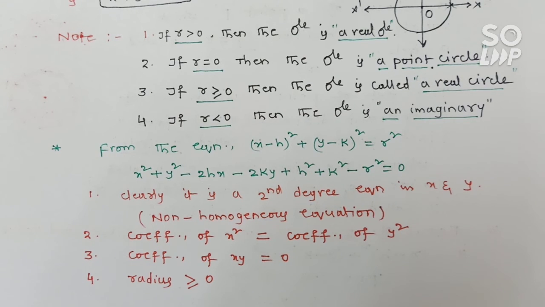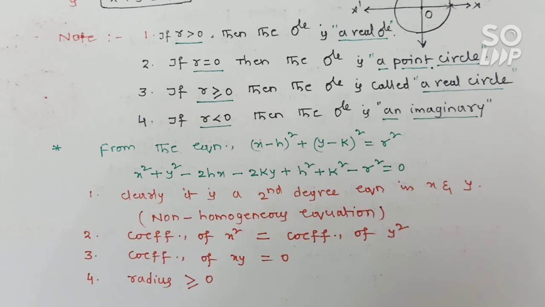Okay, and the next concept is by taking the second degree non-homogeneous general equation. What is the second degree non-homogeneous general equation? In the before lectures we discussed pair of straight lines.